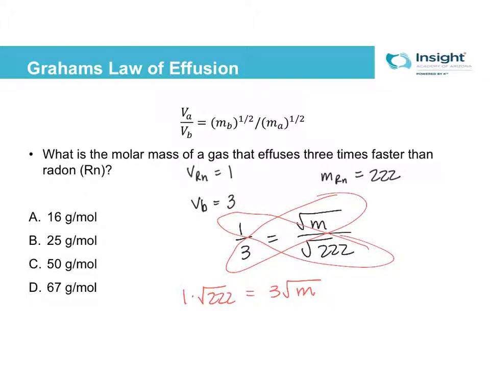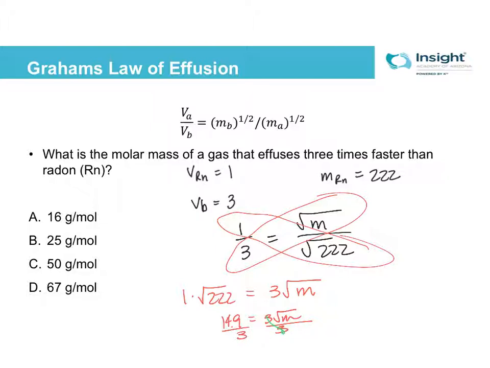Square root of 222 is 14.9, equals 3 times the square root of m. I'm going to move the 3 first, so those are going to cancel.